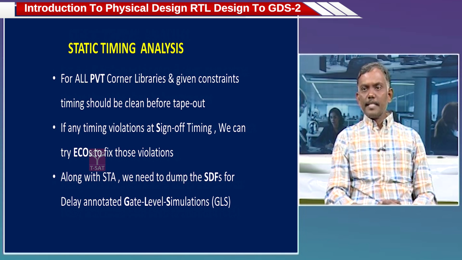We need to provide the SDF, standard delay format, to the verification team. We should provide each and every delay of the gates in SDF format for the delay-annotated gate-level simulations. This is called GLS, to the verification team to ensure one more round of check apart from this STA check.